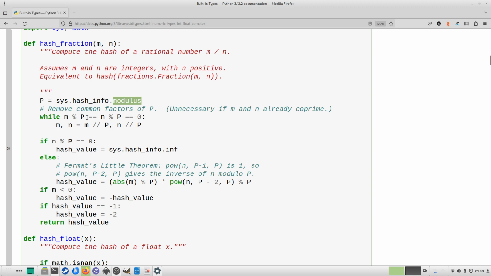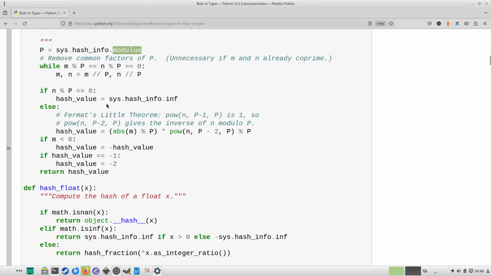And if m percent P equals n percent P equals 0, then m, n equals m integer division P and n integer division P. It finds the common factors of P. Now if n percent P equals 0, the hash value is sys.hash_info.inf.